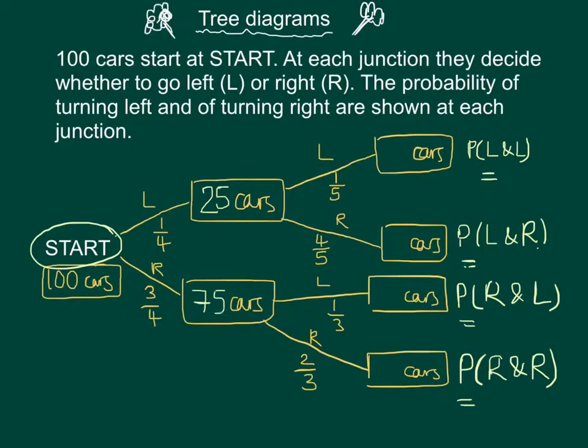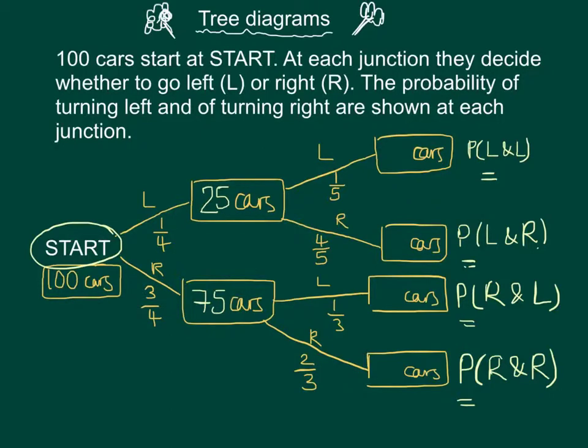Right, now we need to think about what's going to happen to these 25 cars at this junction. So now they've got another choice. They can either go left again, and the probability of them doing that is 1/5, or they could choose to go right, and the probability of them doing that is 4/5. So we're going to do exactly the same thing.